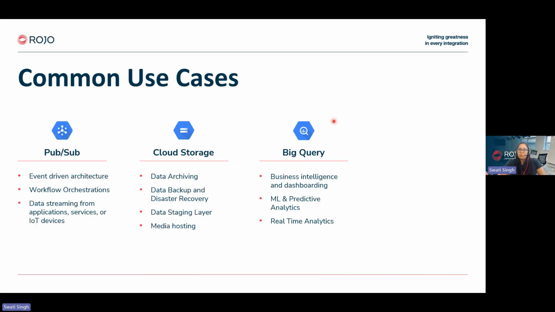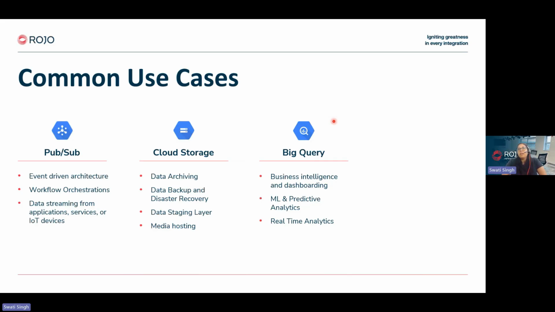With Google Cloud Storage, it's more of a storage, data archiving, backup type of solution. In situations of disaster recovery, for example, if you have to do that, it also acts as a data staging layer. So if you need to put the data somewhere, you want to read it later, or you want to hold it while you process it, all of that can be done in Google Cloud Storage, along with media hosting. For example, for your websites, if you want to put images and stuff, you can also host it there.